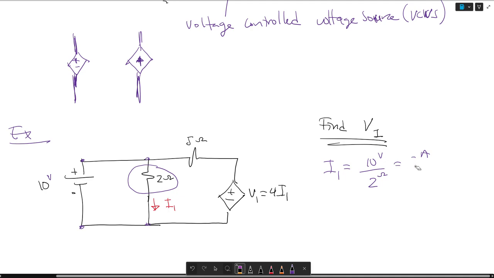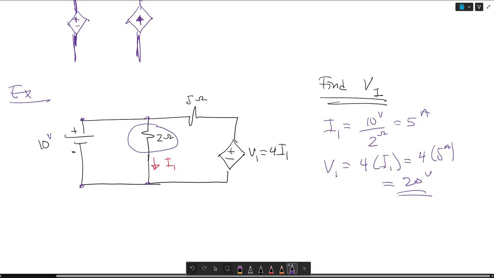And V1 is equal to 4 times I1, which is 4 times 5 amps, which is equal to 20 volts.